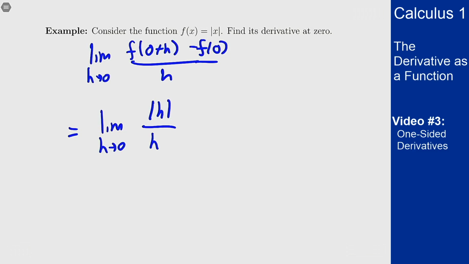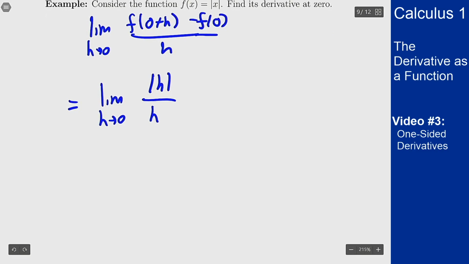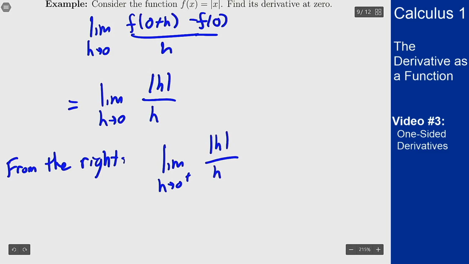Now there's no way to directly do this because the absolute value function is piecewise defined, but I can look at left and right hand limits here, looking at if the function is left differentiable and right differentiable. So from the right, we have the limit as h goes to 0 plus of absolute value of h over h. But since h is coming to 0 from the right, h is positive, which means the absolute value of h is just h.